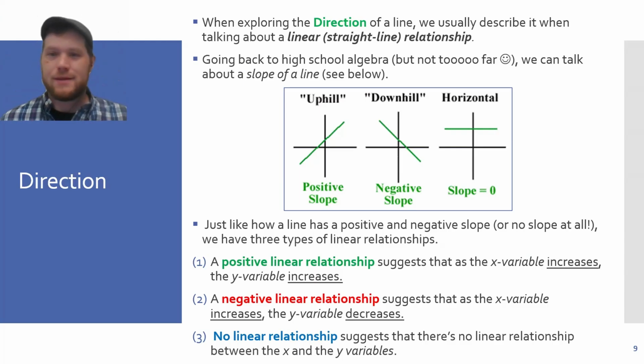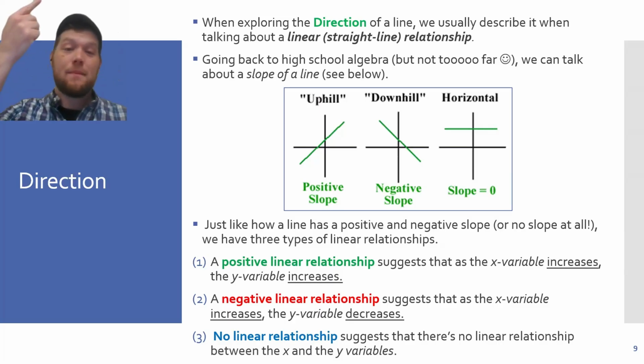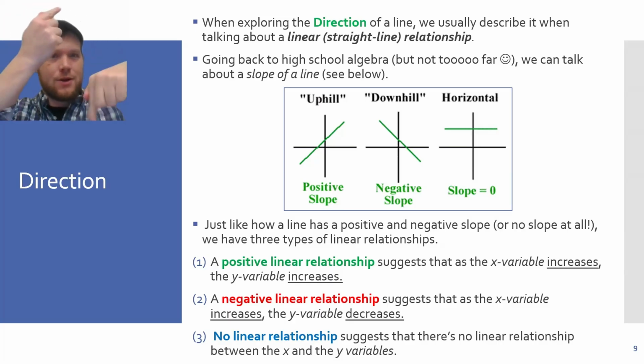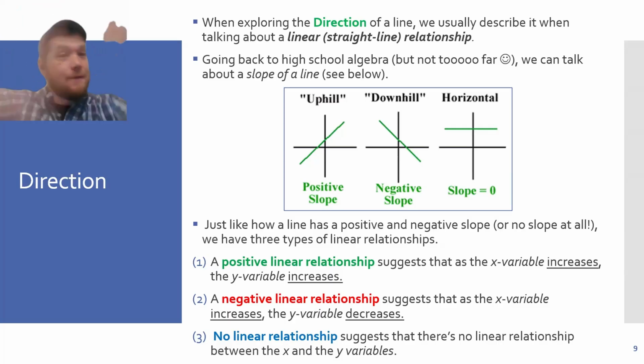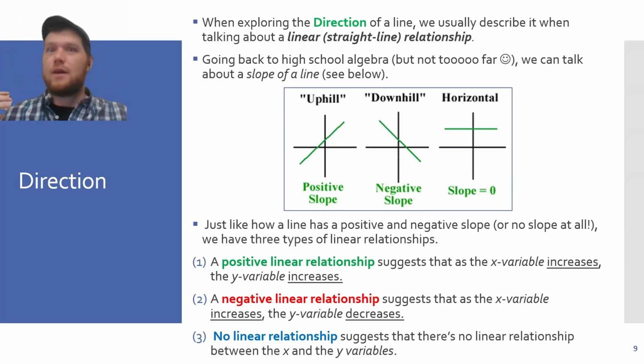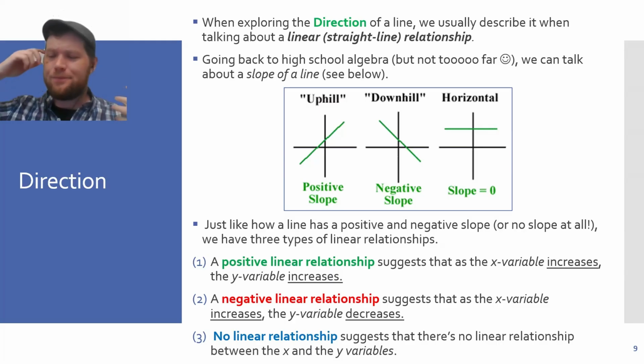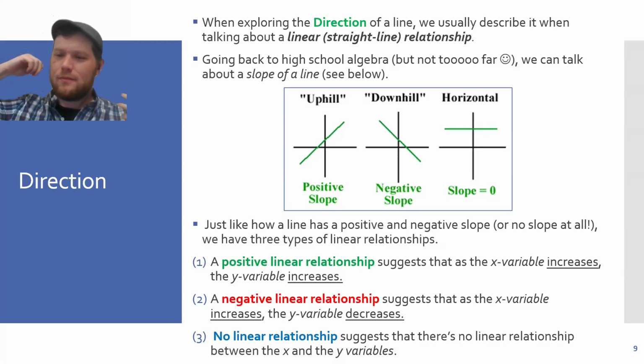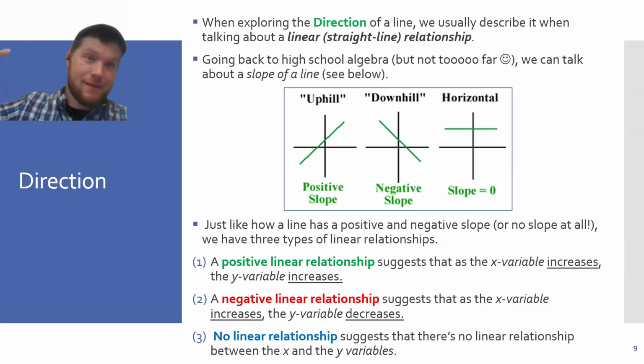Negative linear relationships suggest that as one variable goes up, the y goes in the other direction, y goes down, and vice versa. An easy way to understand that is to talk about your sleep schedule.